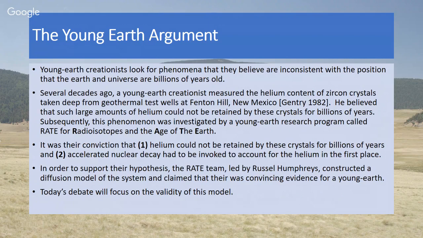So already there's an inconsistency, you might say. So they had to invoke a second point, and that is you have to accelerate the nuclear decay to get the helium in the first place. Then, because the crystals have only been around for 6,000 years, there's not much time for the helium to leave. So that is their explanation for why there are these large amounts of helium in the samples.